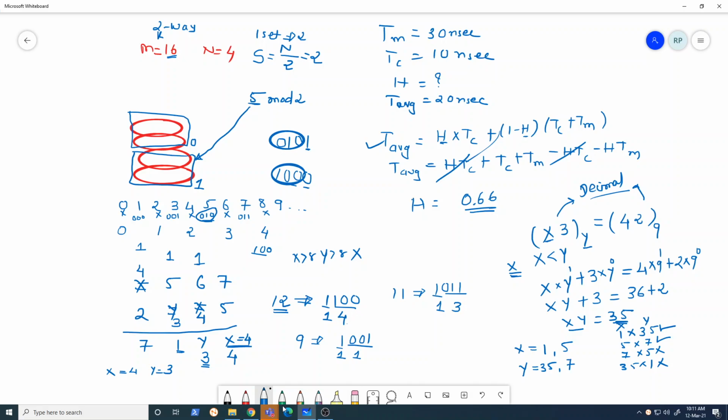In the MCQ, right, the choices for x that are given are 35, 1, 6 and 7. So for x, which is possible 1 or 5, 5 is not given. So the correct answer is 1. Okay.